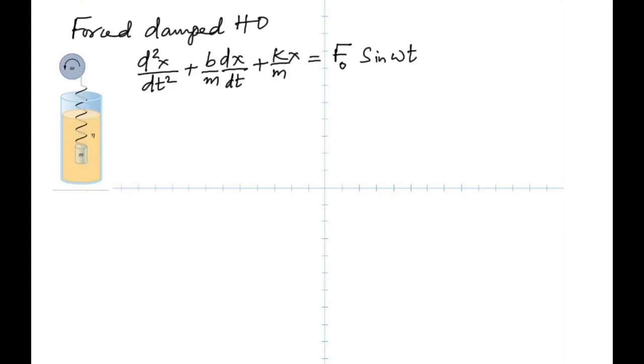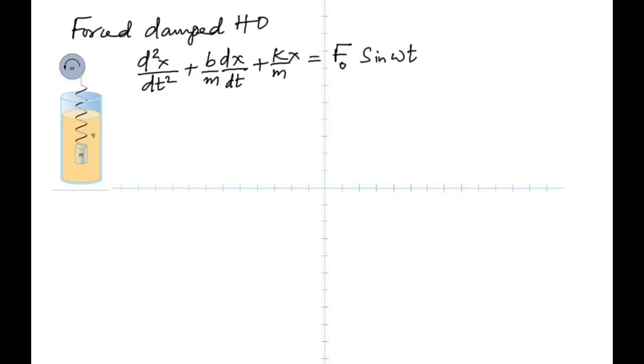When the disk rotates, don't you think because of the liquid the spring is going to get extended? Yes. So if you slowly speed up omega, starting from rest, you will see that for a particular omega, the spring goes maximum up and down.